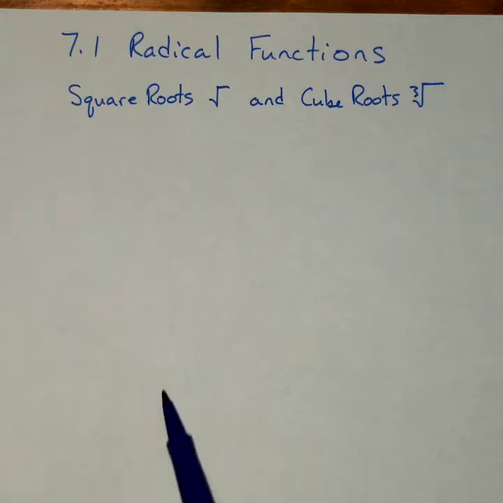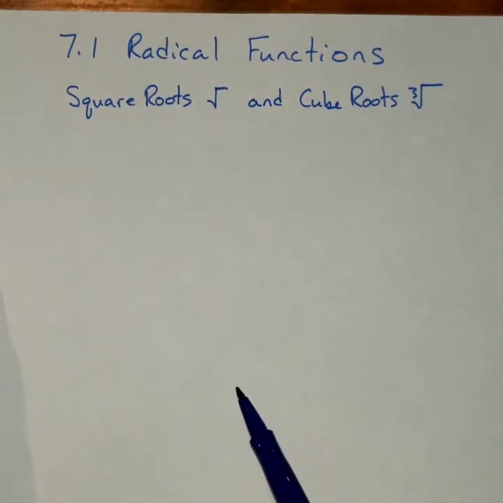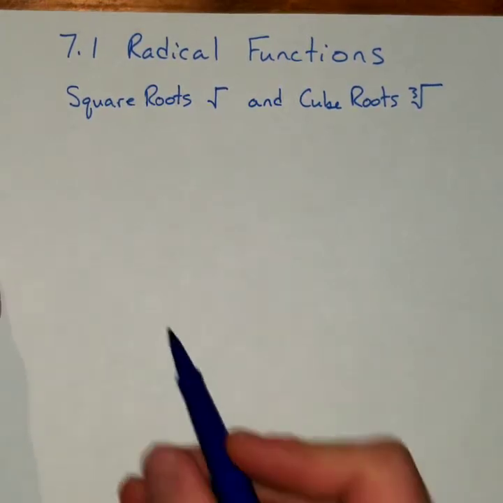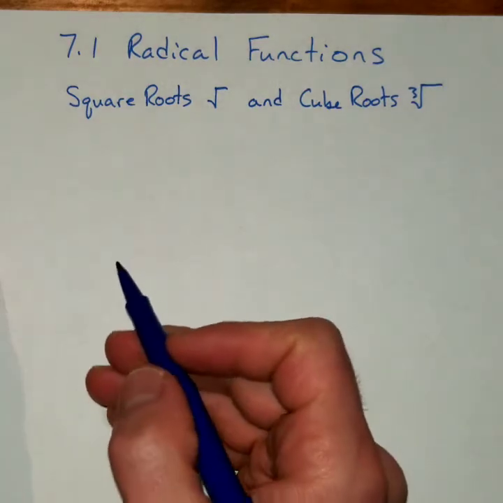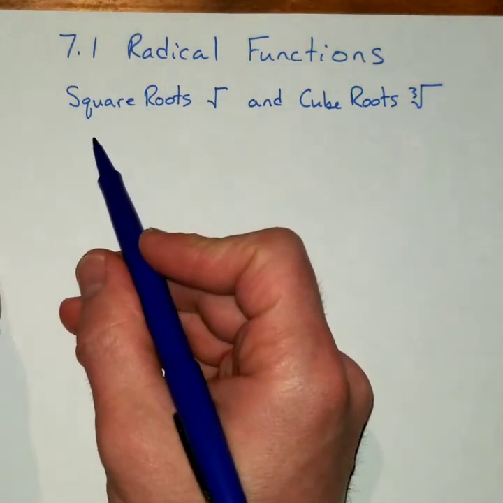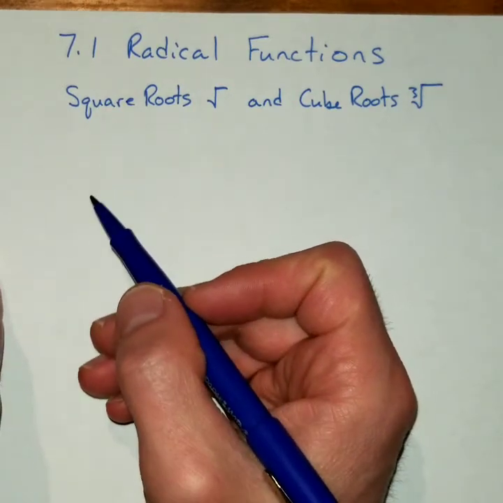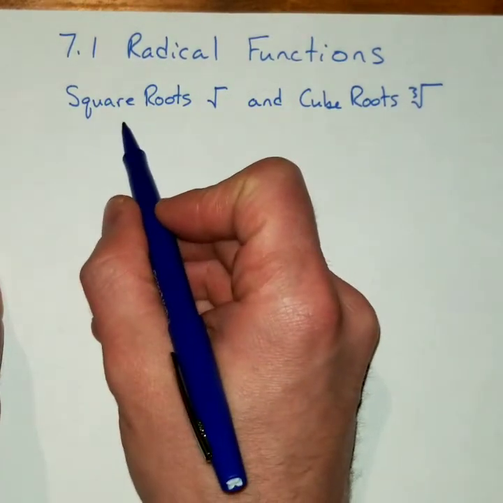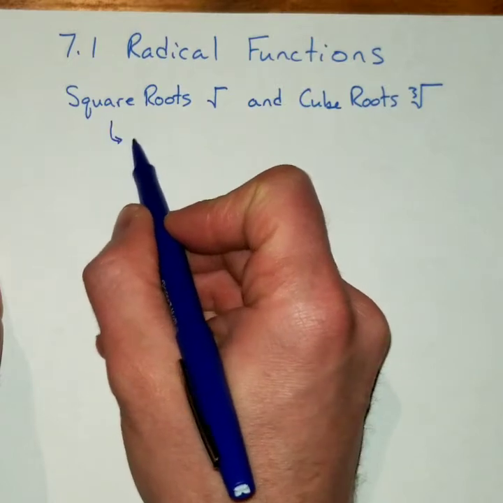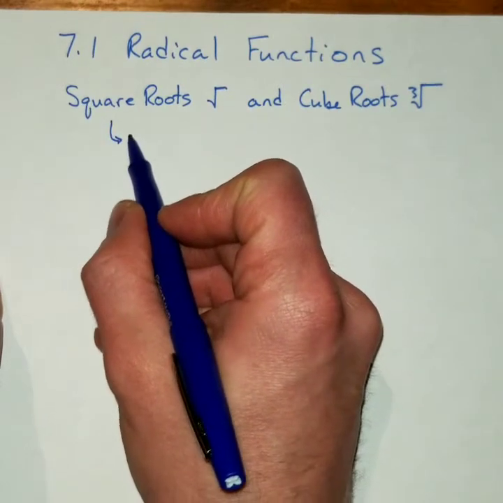So the idea of a square root, most of you probably know where these come from, but just as a quick refresher, a square root is the reverse or the inverse of a square, right? So the square root is reversing a square.